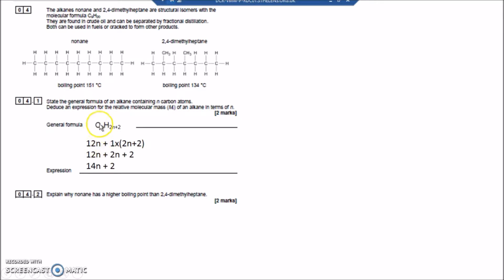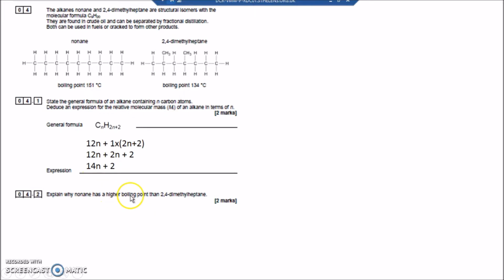So to work out the relative molecular mass in terms of n, a carbon is 12, and you've got n carbon atoms, so 12n, and 1 times 2n+2, a hydrogen is 1, and you've got 2n+2 hydrogens. Expand those brackets, 12n plus 2n plus 2, 14n+2.